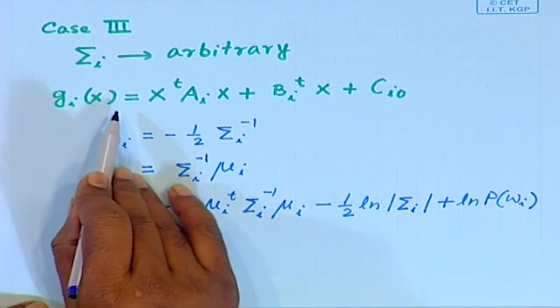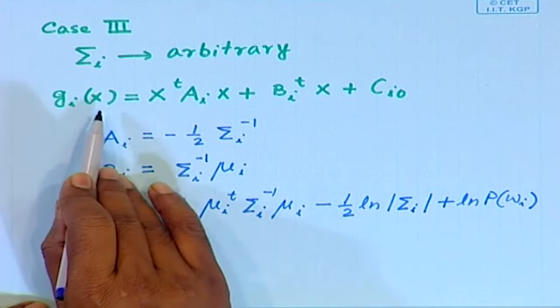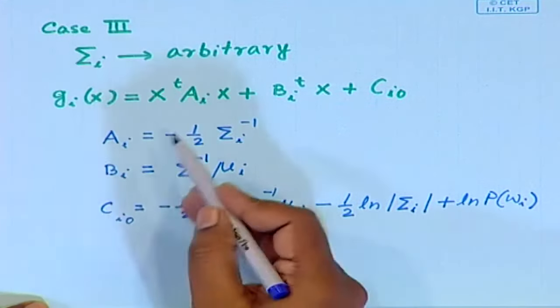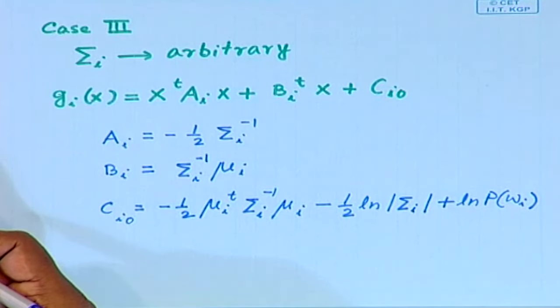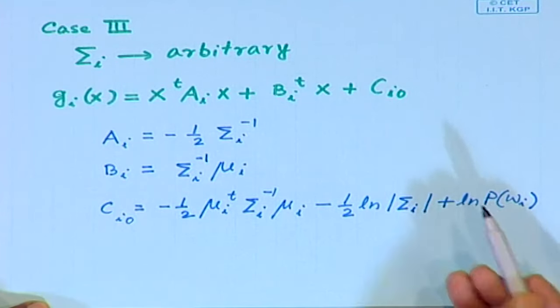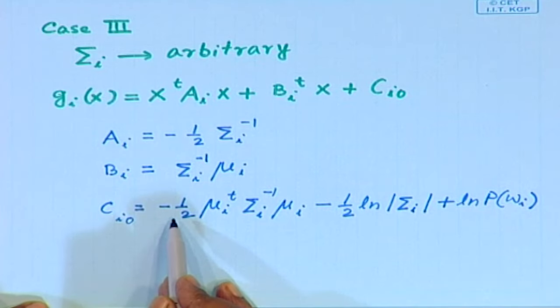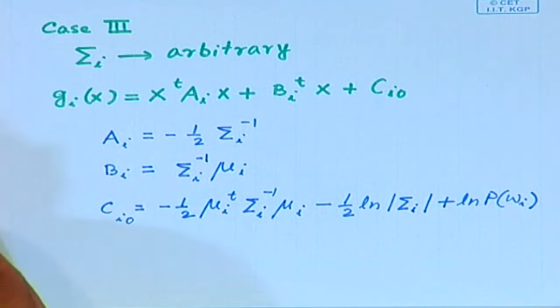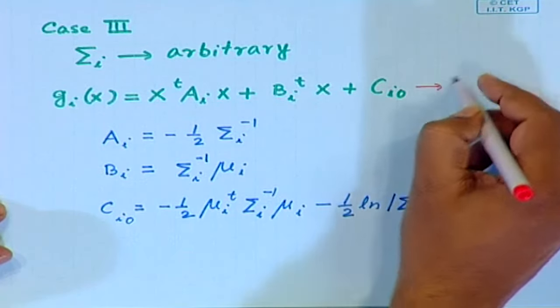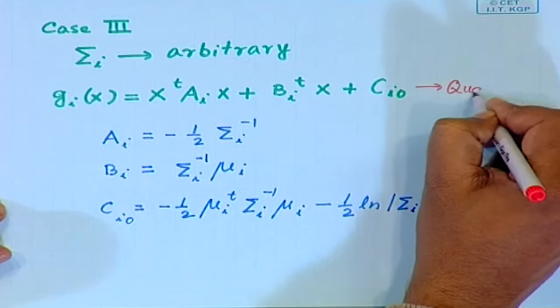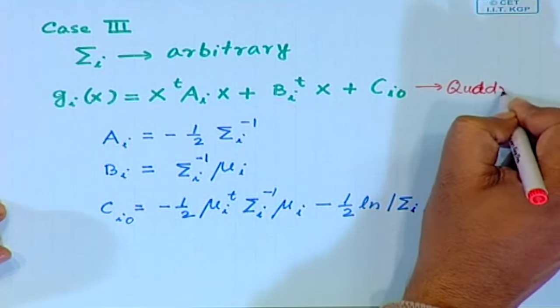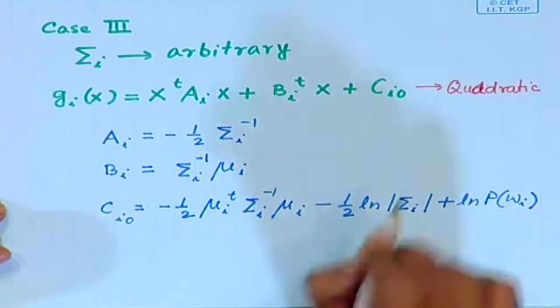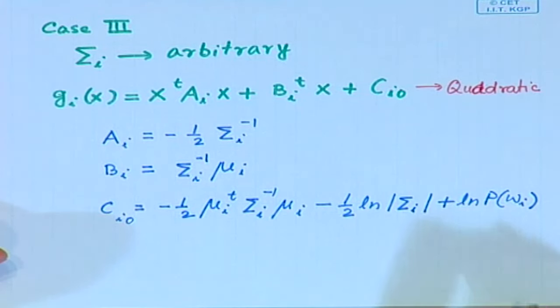Okay, because it is class dependent, it really contributes to deciding whether x will belong to class omega I or x will belong to class omega j. So I cannot remove any of the terms, and this expression that I have is nothing but a quadratic expression.